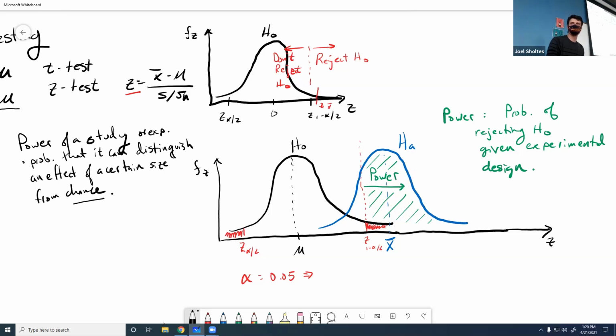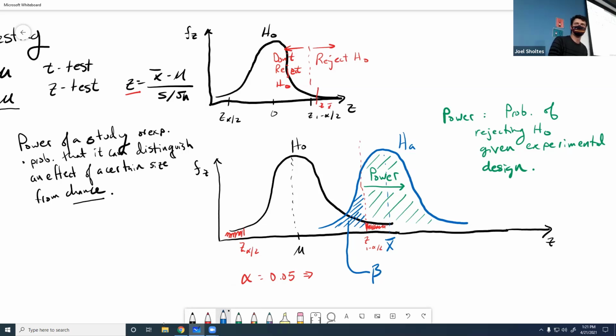If we go back to this figure here, given this experimental setup, we have pretty strong power. It's maybe 80% or something like that. But we also have this other side over here. And given this figure, if I say this is 80%, this is 20%, and we'll call this area right here beta.